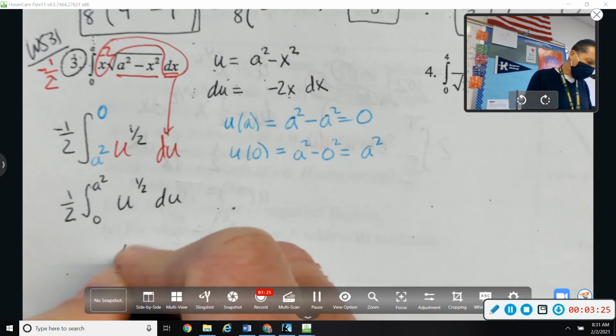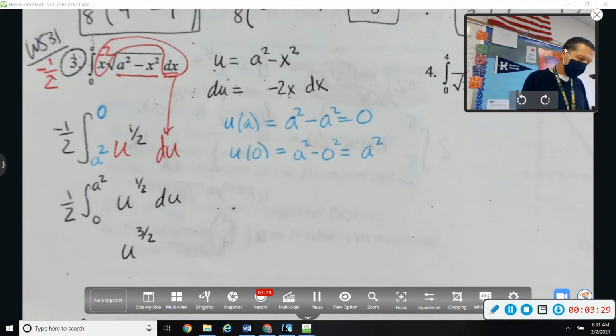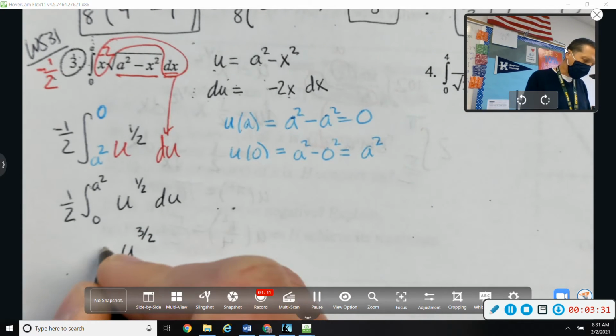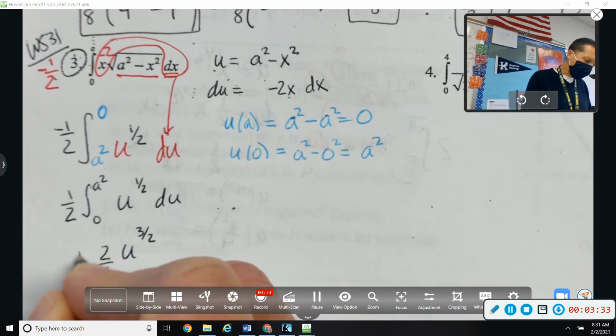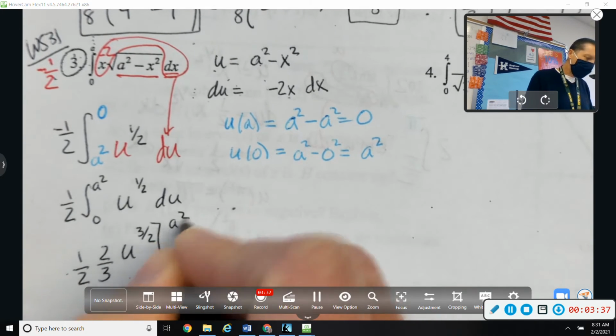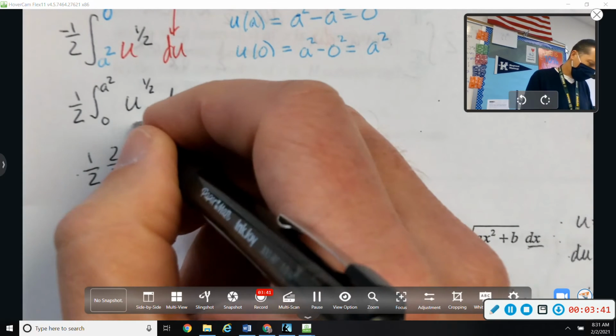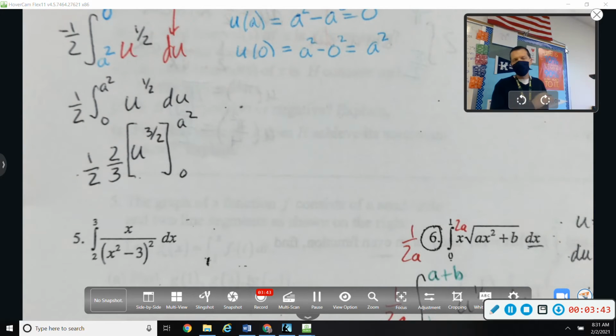All right, increase the power by 1. So that would be 3/2. Divide by 3/2, multiply by 2/3. The 1/2 is still there. And now we want to go 0 to a squared. Probably want to put the 2/3 out front to have less fractions to deal with.